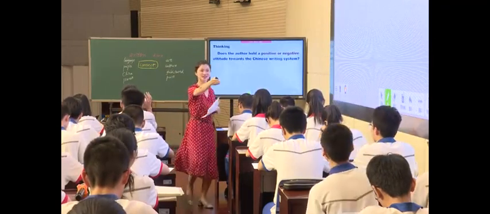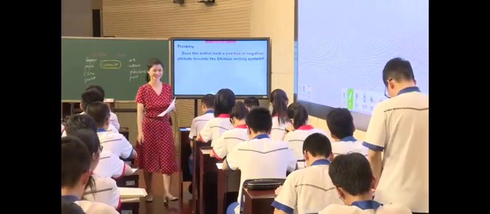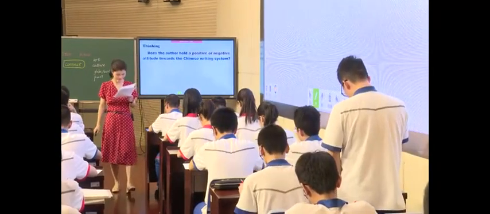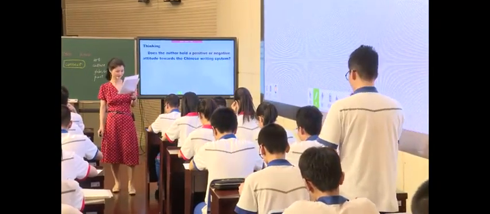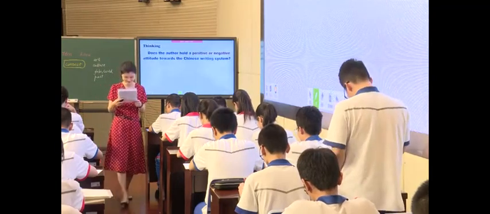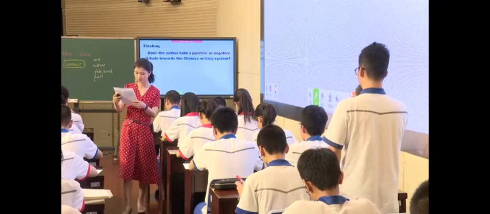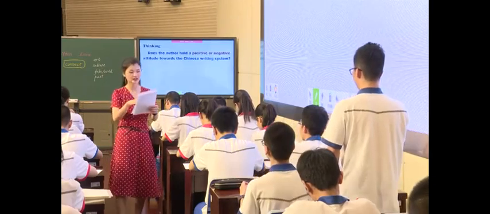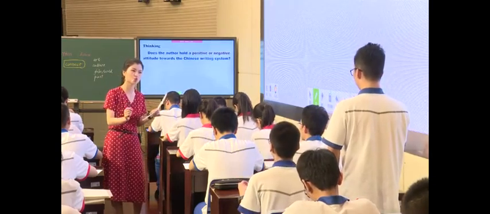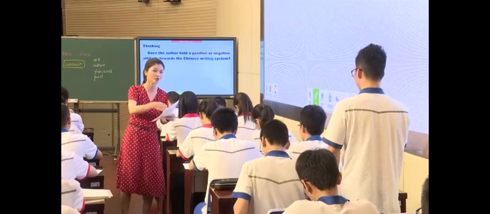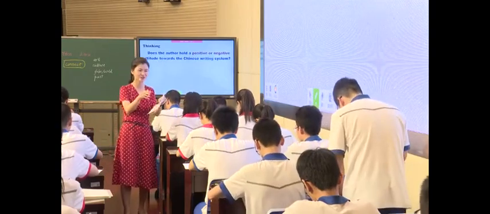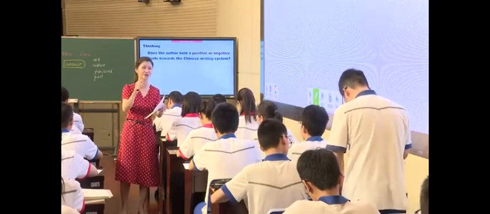Okay, how about you? From paragraph 3, we can see that written Chinese is profound and far-reaching. Can you find an exact word or expression from our text? Your information was concluded from paragraph 3, right?